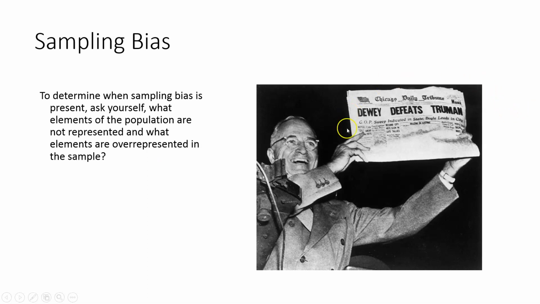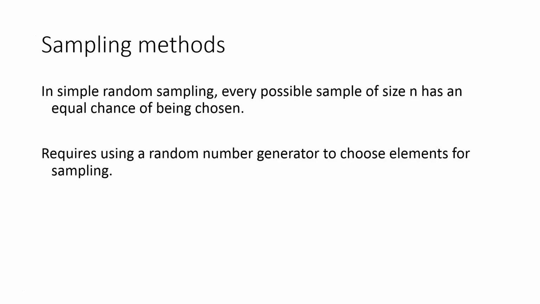And that made the prediction incorrect. And that's one thing that has happened in some of our recent elections, where we've seen predictions that are incorrect. That's part of why, is that it's hard to get a good sample because of issues with surveys. More on that in just a minute.